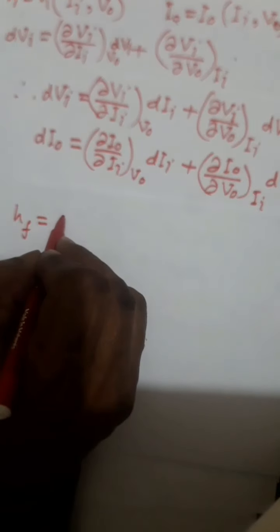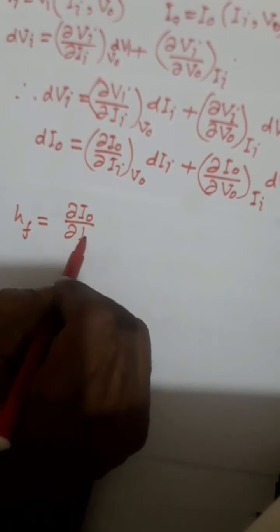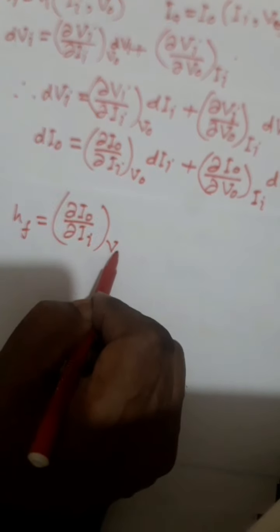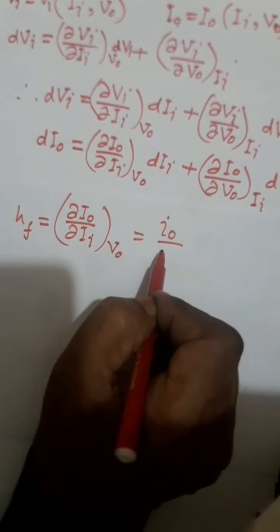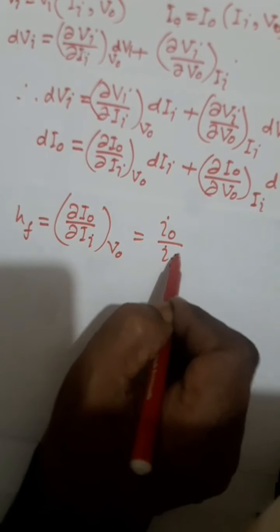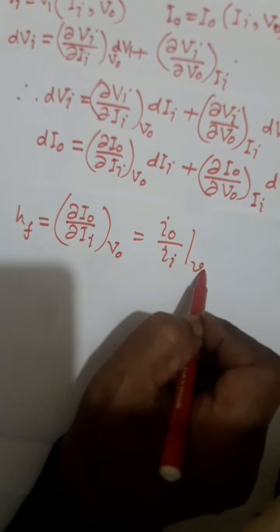Hf equal to del Io by del Ii at Vo constant, that is Io by Ii with Vo equal to 0.